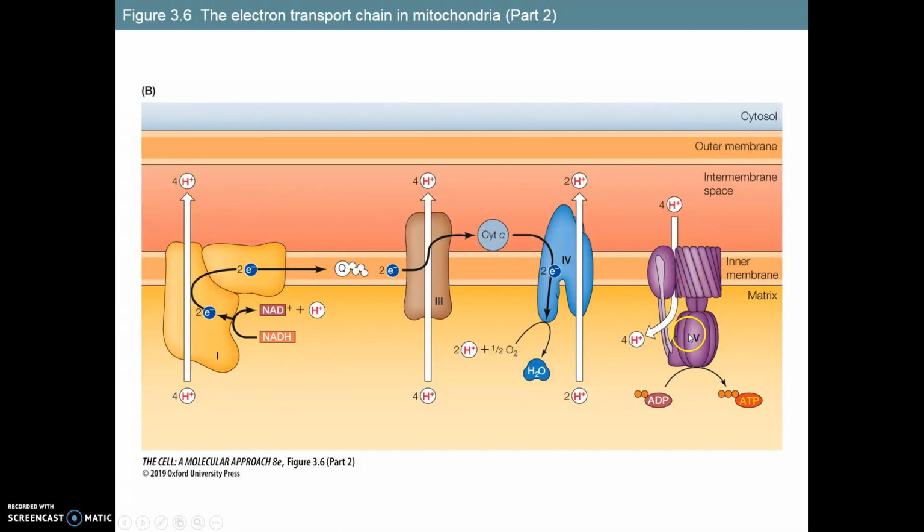And the process of turning this wheel essentially causes several proteins to change conformation, and that takes ADP and inorganic phosphate and turns it into ATP.